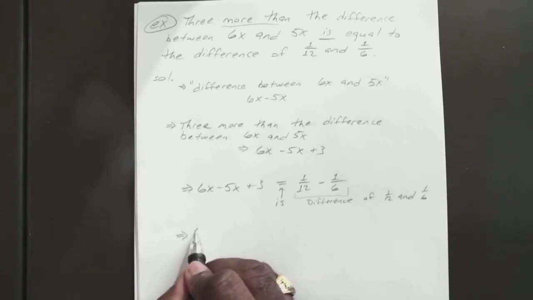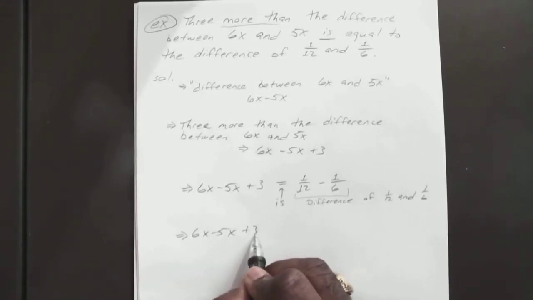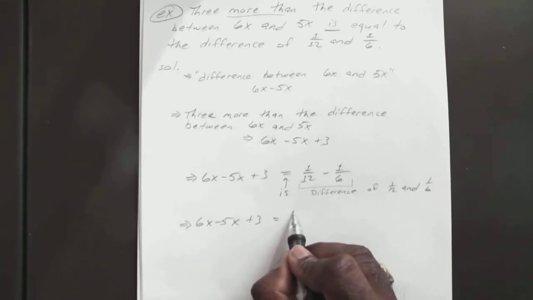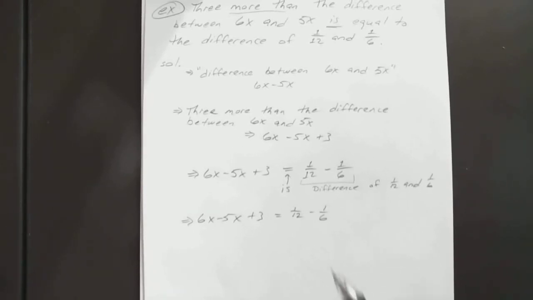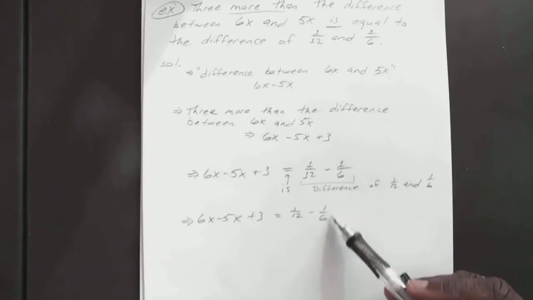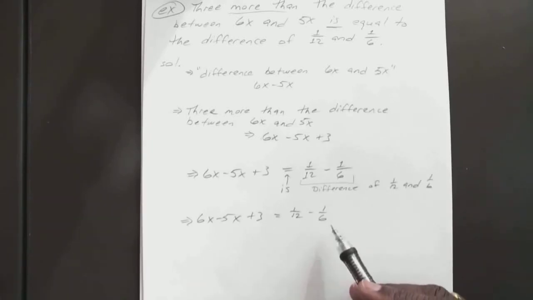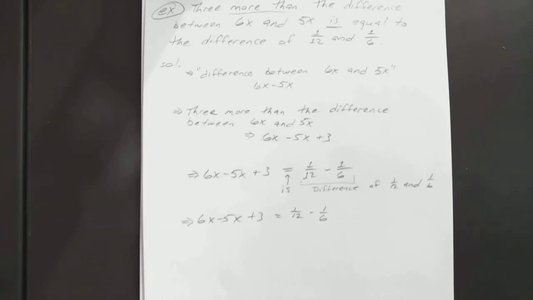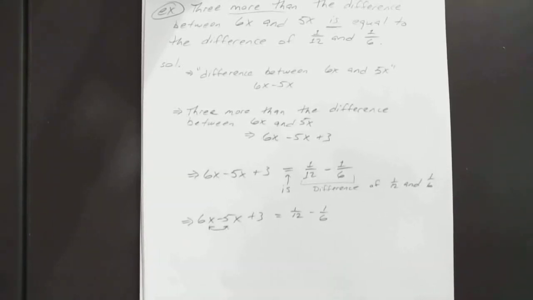So let me rewrite the actual equation: 6x minus 5x plus 3 equals 1/12 minus 1/6. If you wanted to, you can multiply both of these by 2 and then combine the fractions, or you can multiply each term by the least common denominator, which in this case is 12, and get rid of the fractions all in one swoop. How you solve it is up to you, whichever one is most comfortable.